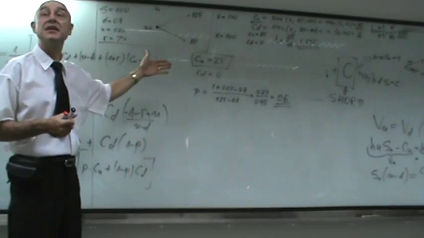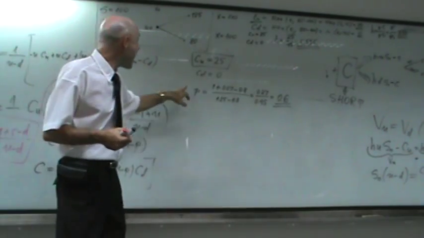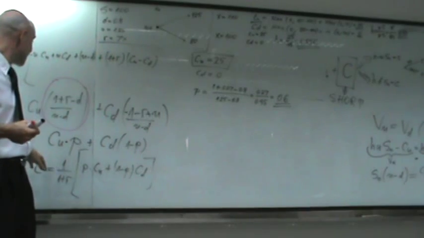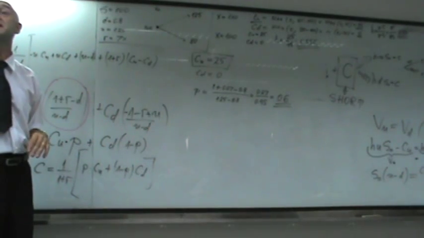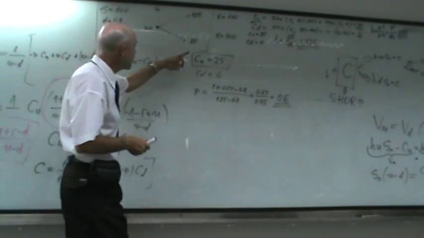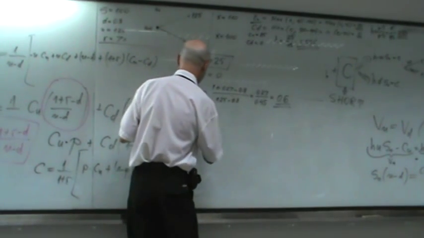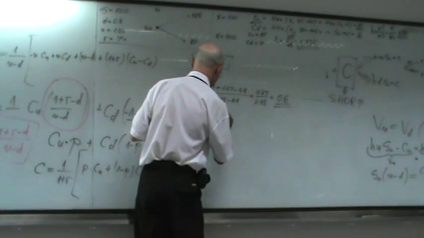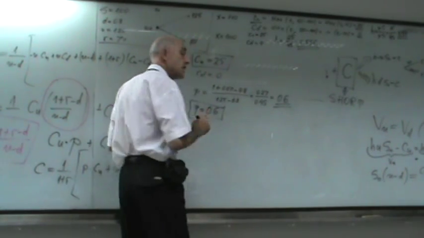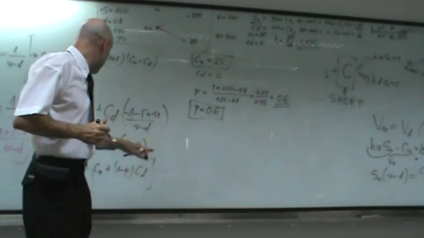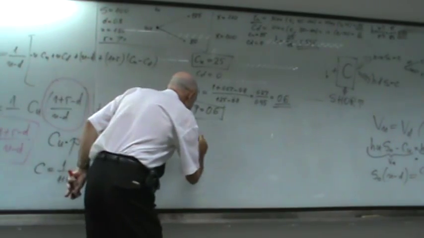So P is 0.6. And now that we got the P, we need to calculate C. So we got the CU, we got the CD, we got P equal to 0.6. Now we move to calculate C.